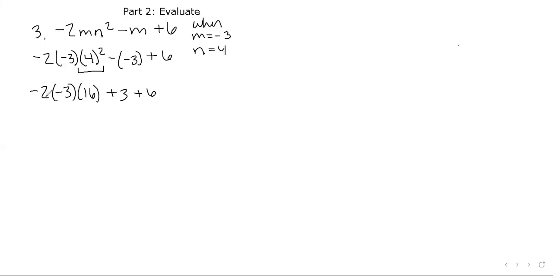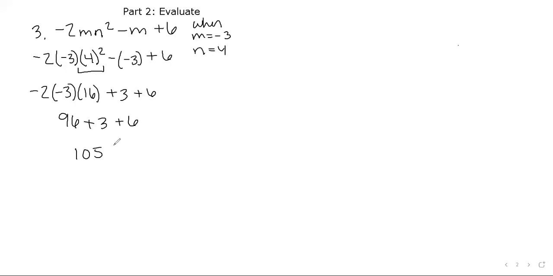Now, multiplication-wise, I need to figure out what -2 times -3 times 16 is, okay? If you put that all in your calculator, you'll get 96. Plus 3 plus 6 is going to give us 105. Notice how I am writing all of my steps down.